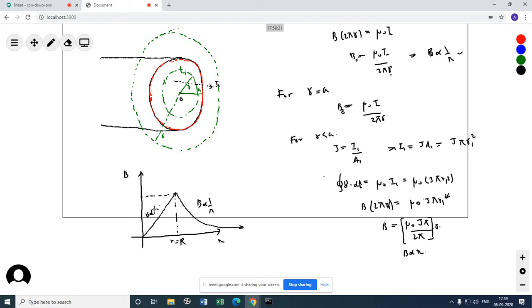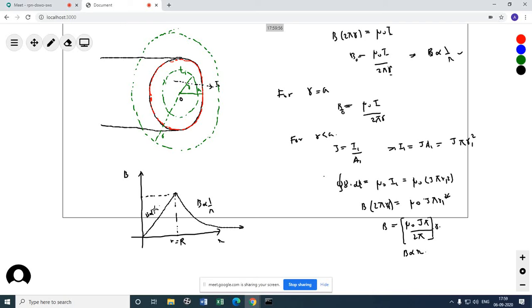Interesting, right? This proves one more thing: the magnetic field does exist inside the wire. There is something called the Hall effect.